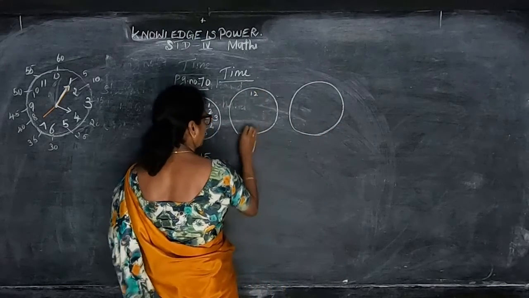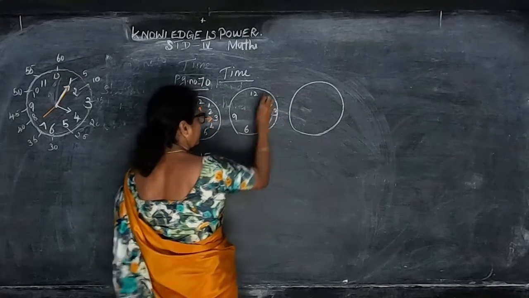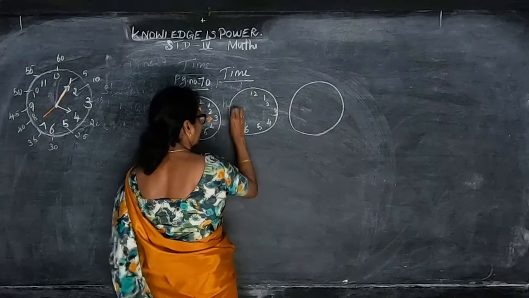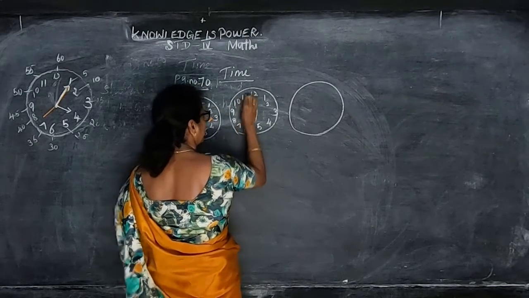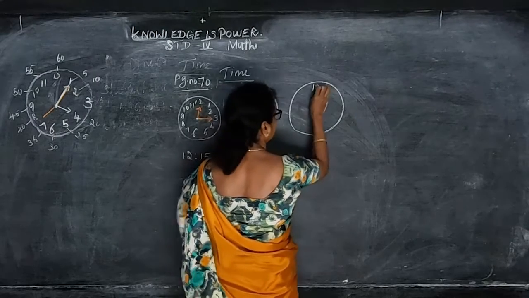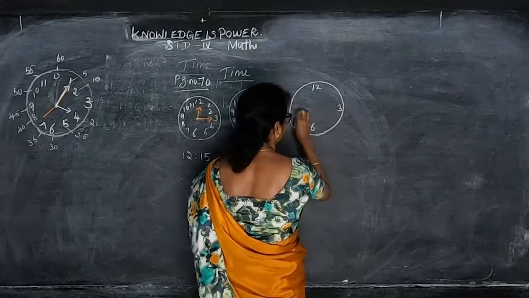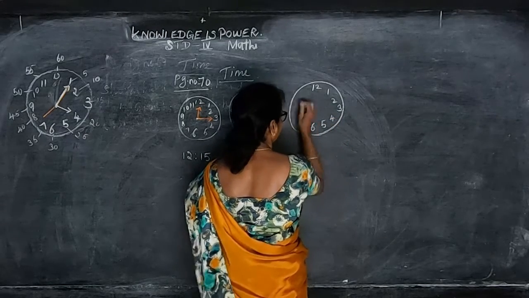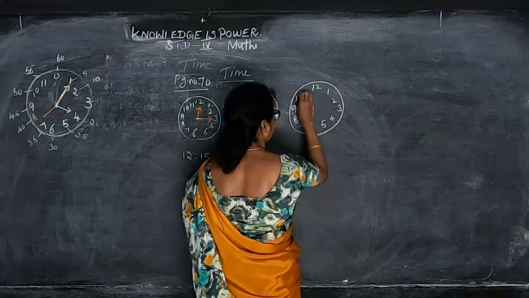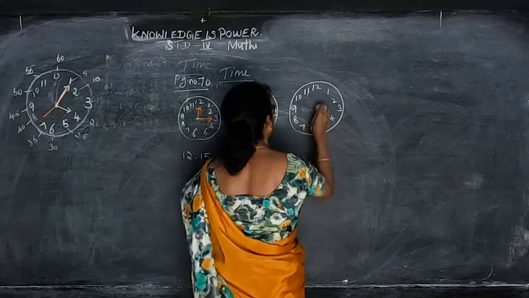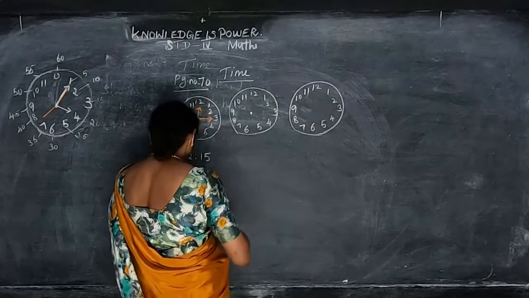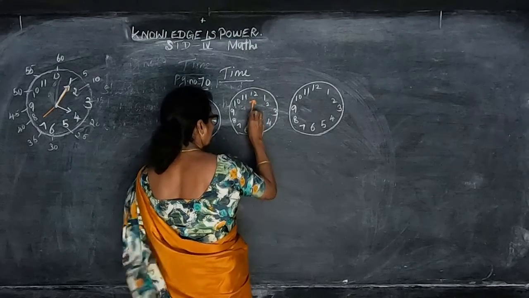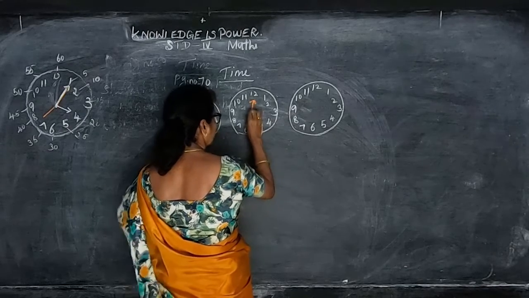So 12, 6, 9, 10. So this is the clock again. So we will draw this. Next one is 12:30. Small hand is 12 and big hand is 6.